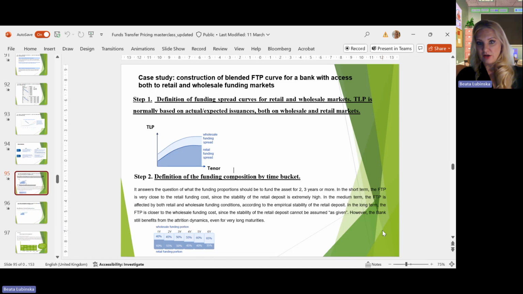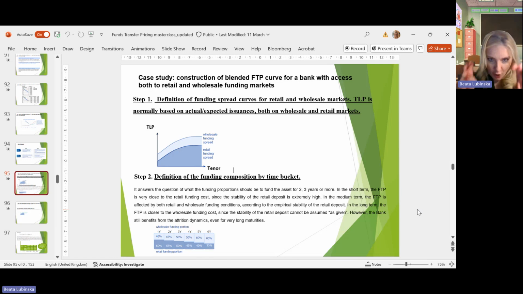So this is what we said. The longer we go, the higher the mortality ratio across your cohort, NMD's cohort. However, the bank still benefits from the attrition dynamic, so you have this dampener of the whole FTP curve.